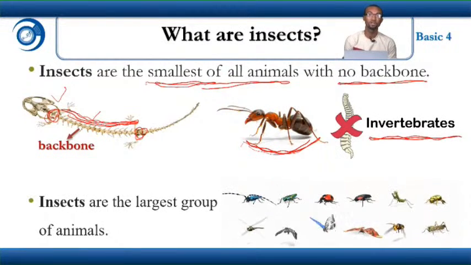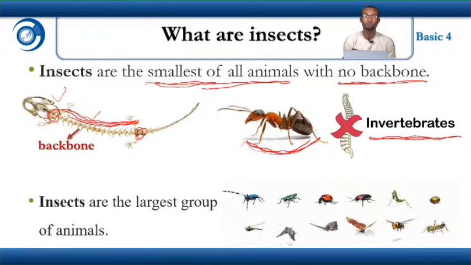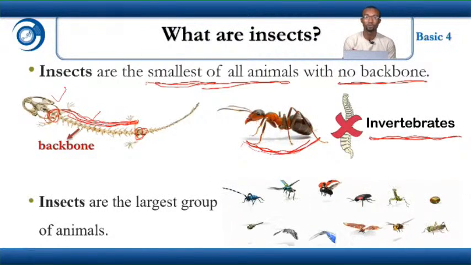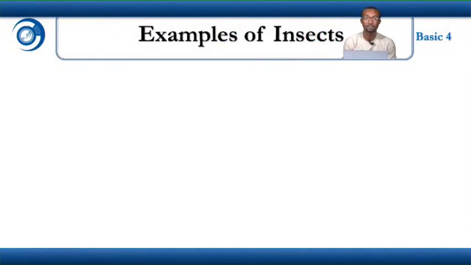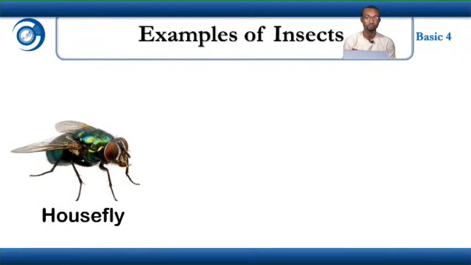So if now we know that insects are the smallest of all animals with no backbone, what are some of the examples of insects? Let's look at some. The first one on the screen is house fly.